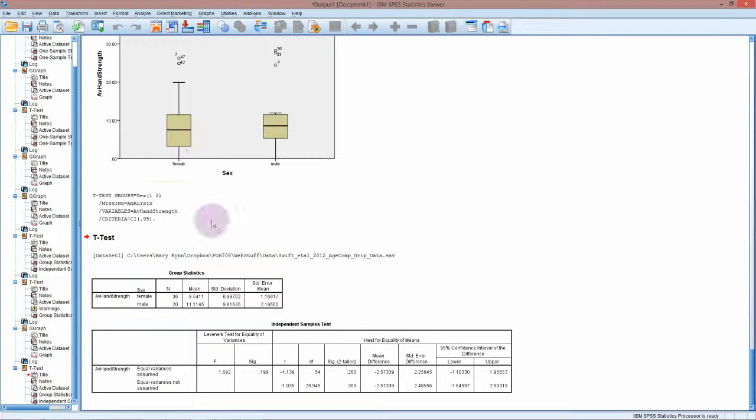So you can see here that it's possible that there is more variation in one of the groups than the other. Actually, these two look very similar, but it's always a possibility. And so what SPSS does first is it tests to see if the variances are equal, and then it gives you 2 versions of the t-test, one based on if the variances are equal and one based on if they're not equal.